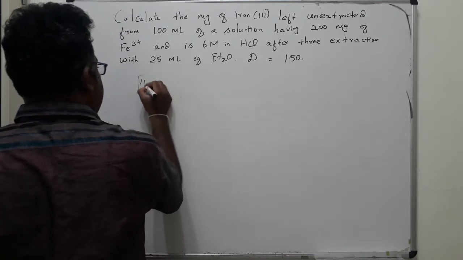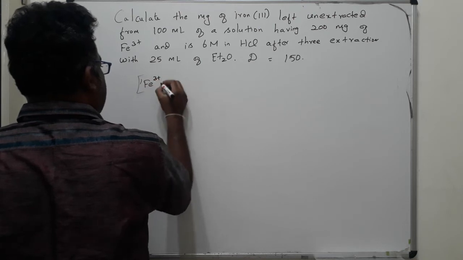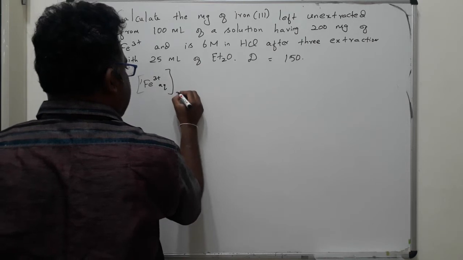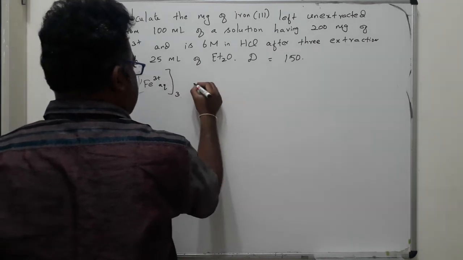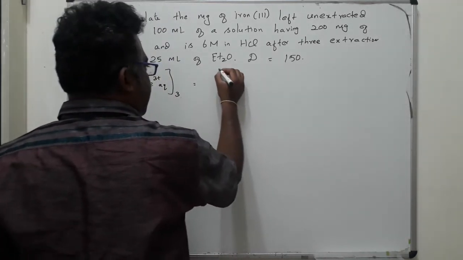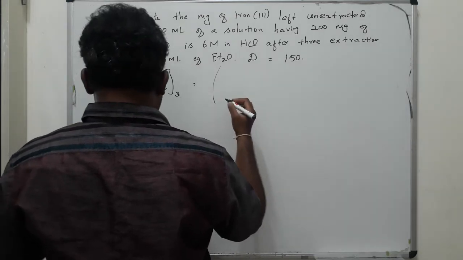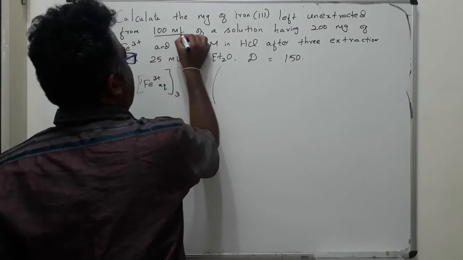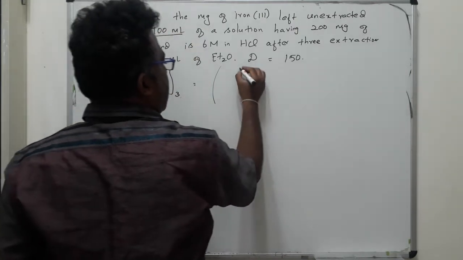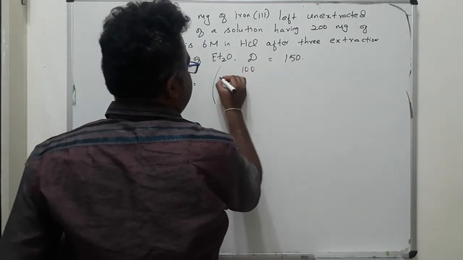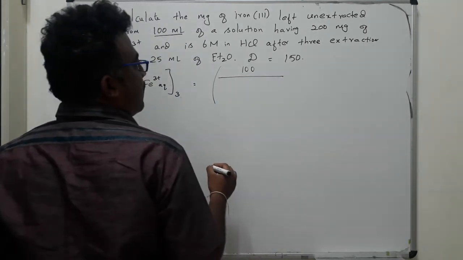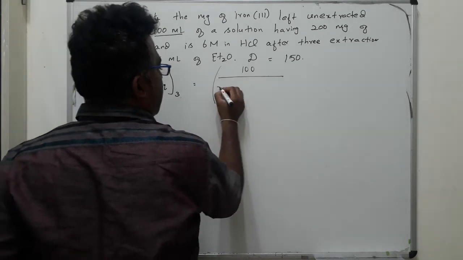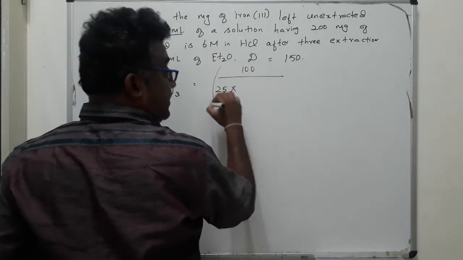Concentration of ferric ion in aqueous solution left after 3 times extraction is equal to, you know the formula, V aqueous divided by V aqueous plus V organic times D. V aqueous will be 100, the volume of water they have used, 100 ml. Volume of organic solvent is 25 ml for each extraction.